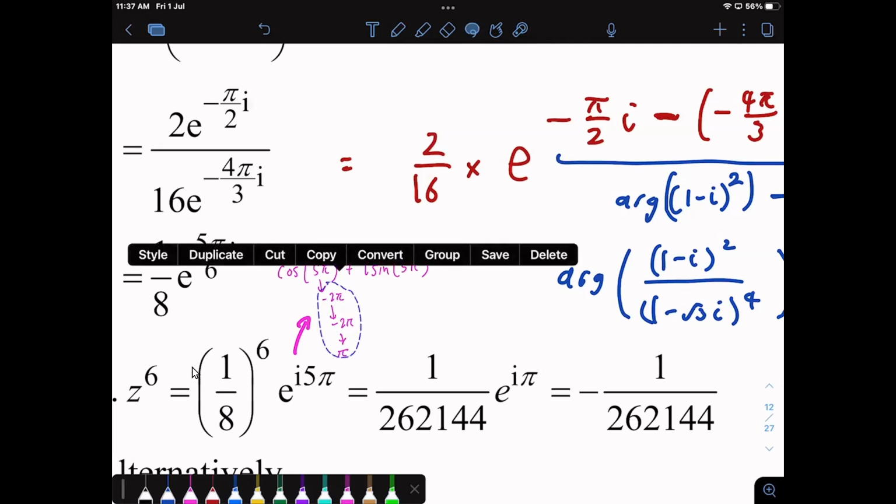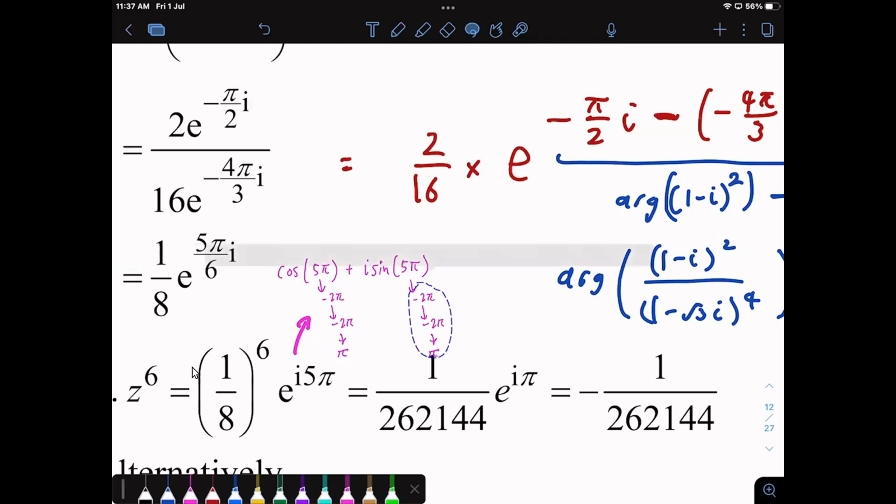It will still be equal, right? So cosine of 5 pi can now become cosine of pi, and sine of 5 pi can now become sine of pi. This is exactly equal to cosine of pi plus i sine of pi. Since the angles are the same, there's a plus sign in between and there's an i over there. This is really just equal to e^(i pi) by definition.